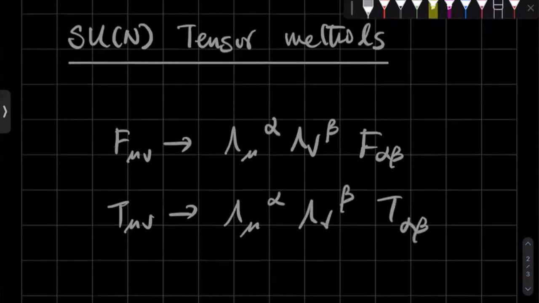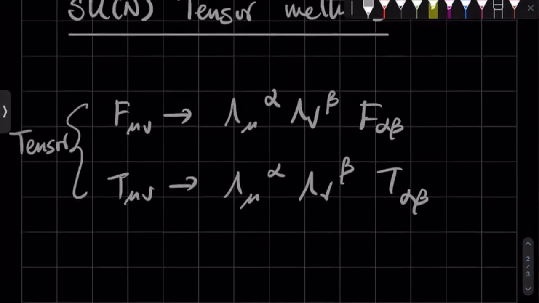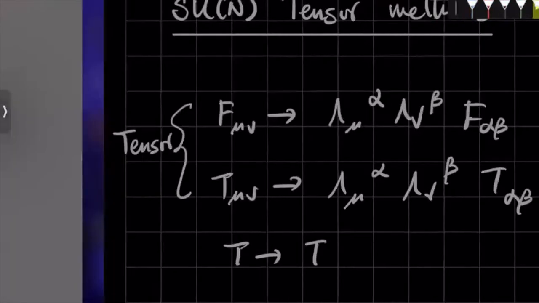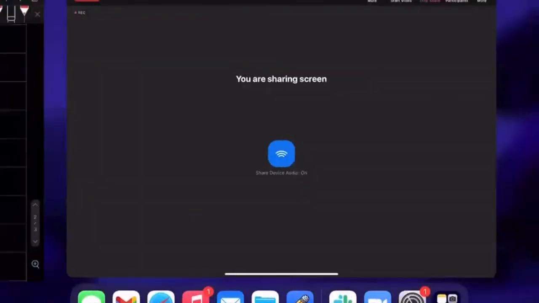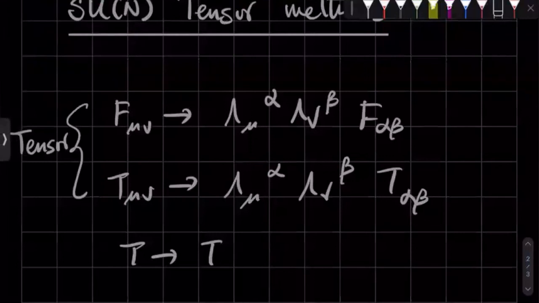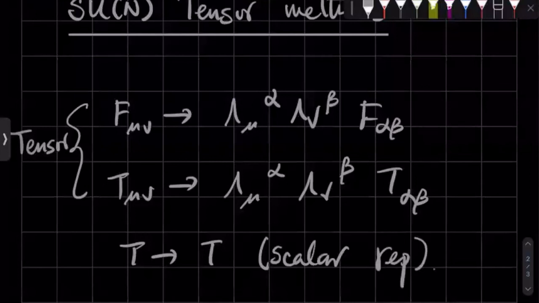So these are both tensor representations. And T tilde, on the other hand, will just go to T tilde, and this is a scalar representation. Okay, Saif, is that clear? Yeah, that makes sense. Okay.